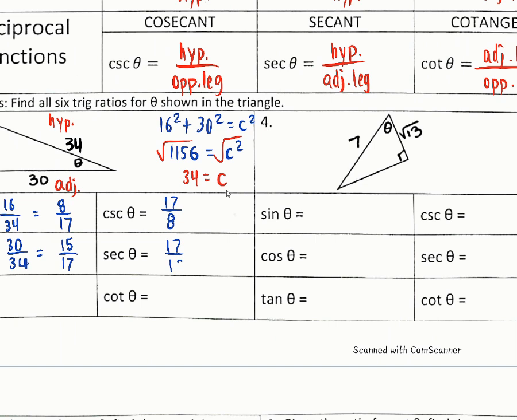That's pretty easy, right? And then finally we have tangent, TOA. Opposite over adjacent. What's the opposite? 16. What's the adjacent? 30. What is 16 over 30 reduced to? So if tangent is 8 over 15, what's cotangent? Alright, and there you have it.